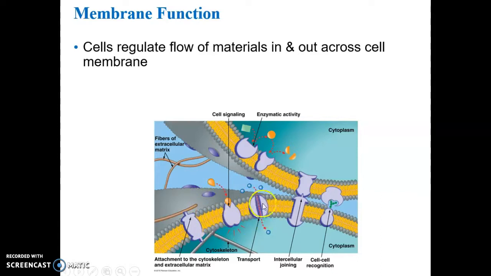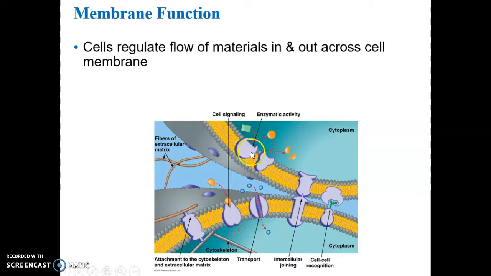And here's where membrane transport proteins come into play. They're channels, and some of them will work to move things in and out of cells. Some proteins act as signaling proteins, and they respond to some chemical in the environment and send off a signal inside the cell.